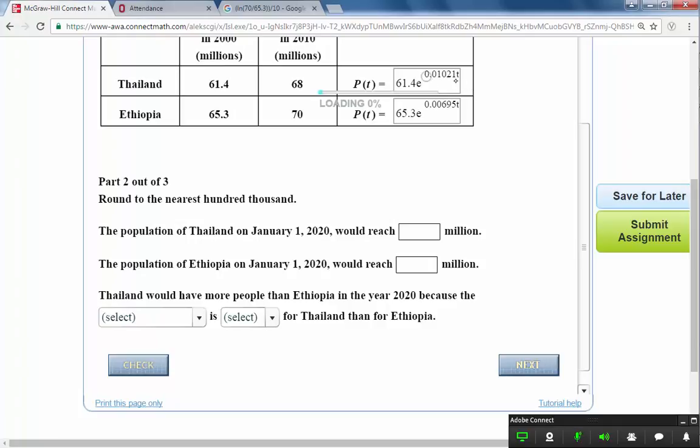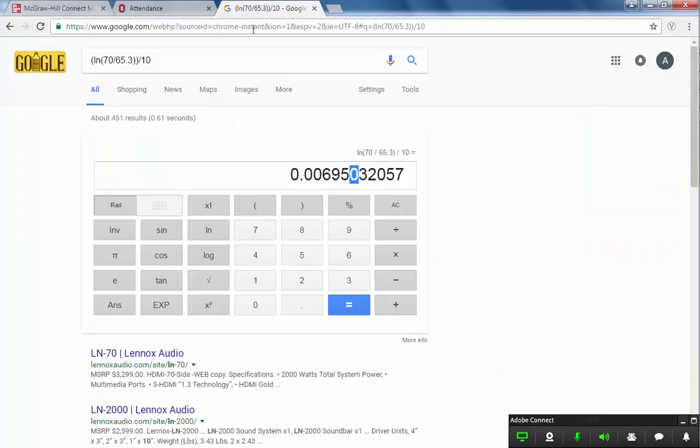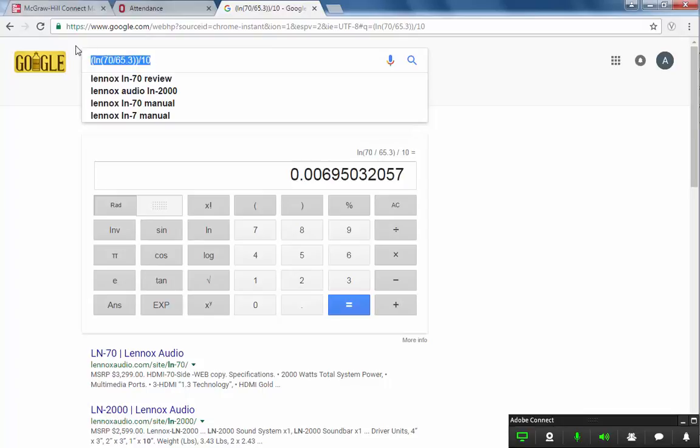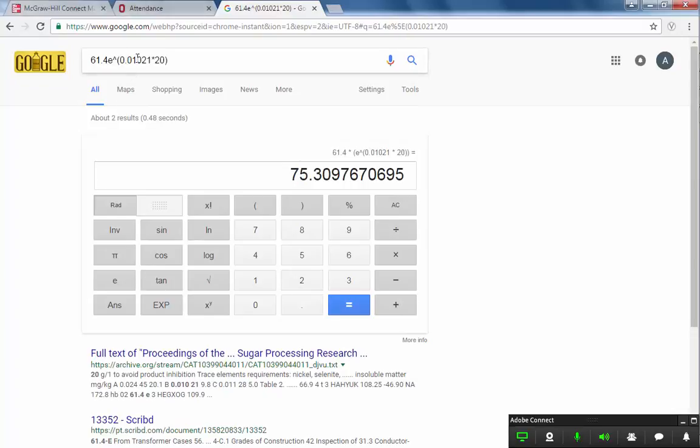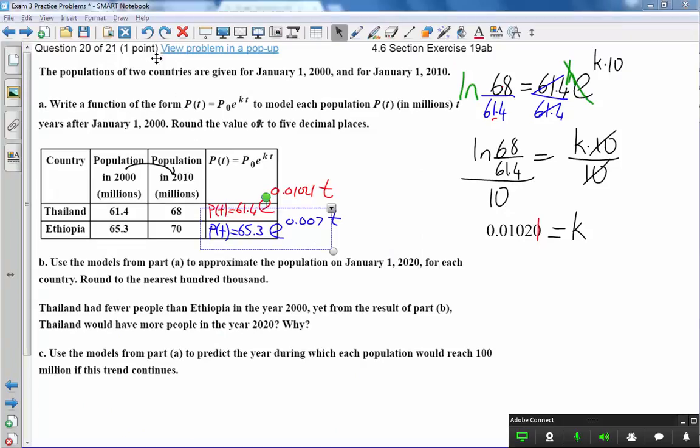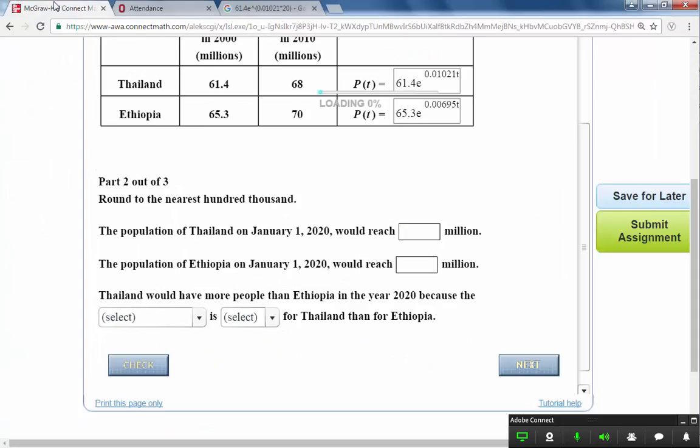All you need to do is punch these numbers into a calculator. So there is some math involved here. Plug this into the calculator with T becoming 20. What is it? Anyone? Is it the same number? No, it's 0.01021.